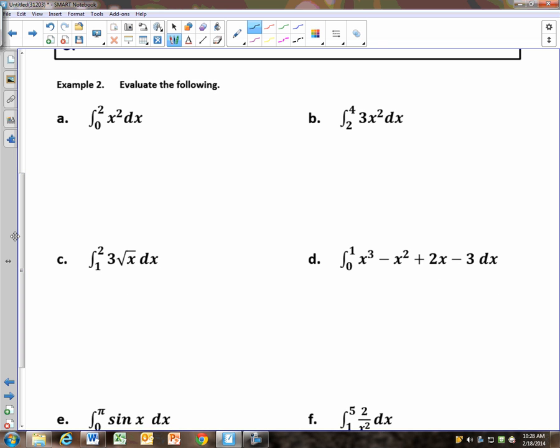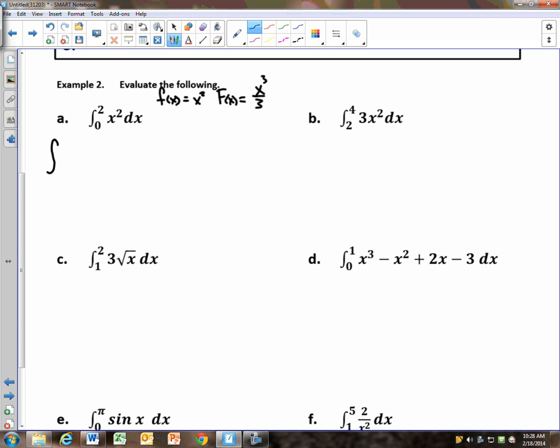So, just so we're all clear, what is f of x in problem A? We'll evaluate these. f of x is x squared. So therefore, large F of x is x to the third over 3. So, here's how we actually write it, everybody. Here's the work and the notation that you will show.